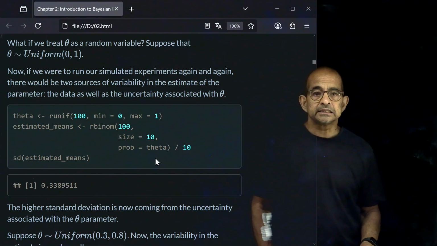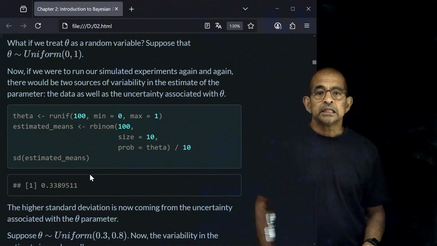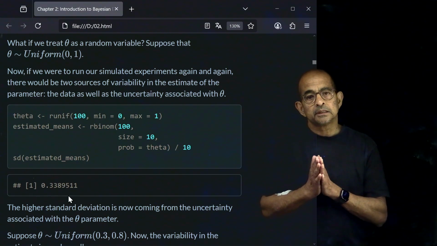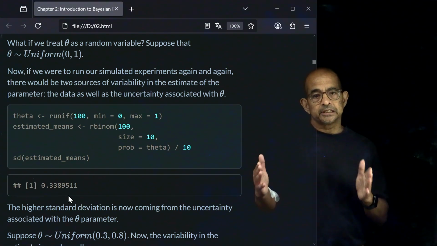So what that does is that it increases the uncertainty of the estimate of the theta parameter.